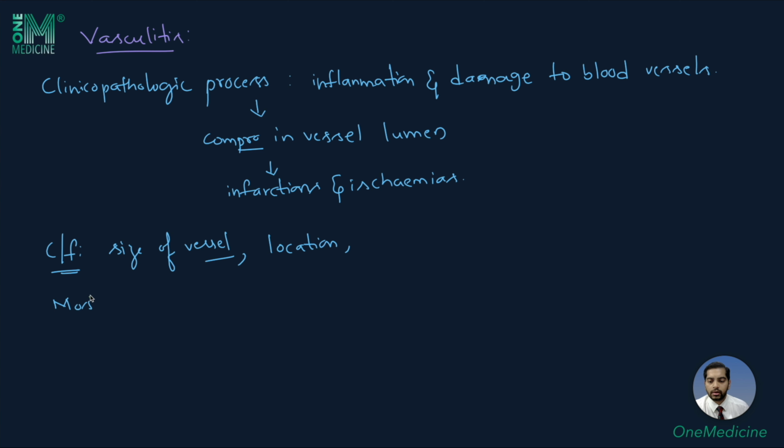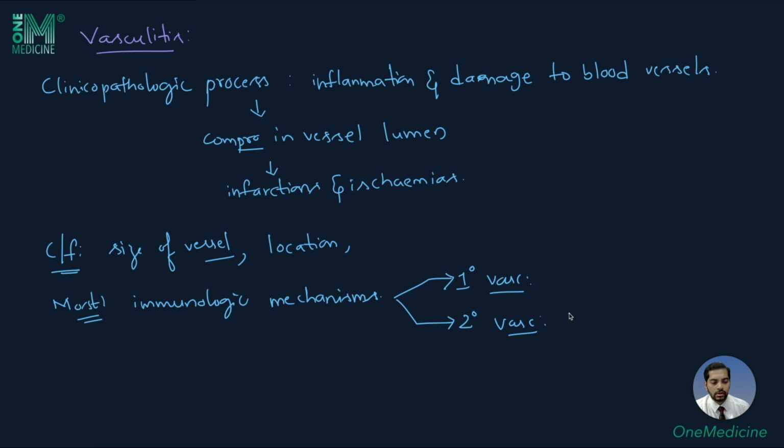Most of the vasculitis occurs due to immunological mechanisms, and these can be either primary vasculitis, where the disease process is primarily due to a vascular pathology that is immune mediated, or it can be a secondary vasculitis where there is an underlying pathology and vasculitis is secondary to a primary condition. Some of the examples include SLE and drug induced.